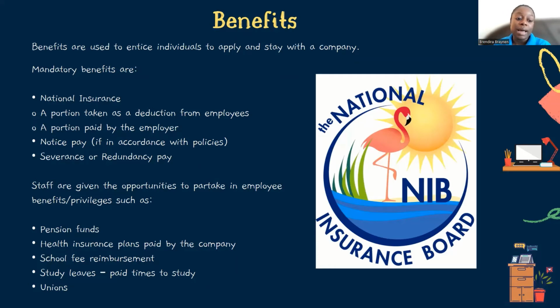Some companies do that. Some companies allow you to take breaks from work and they actually pay you for them if you're studying to improve your work environment. And then there are some companies that have unions that give you even more benefits or that fight on your behalf for good working conditions and good benefits.